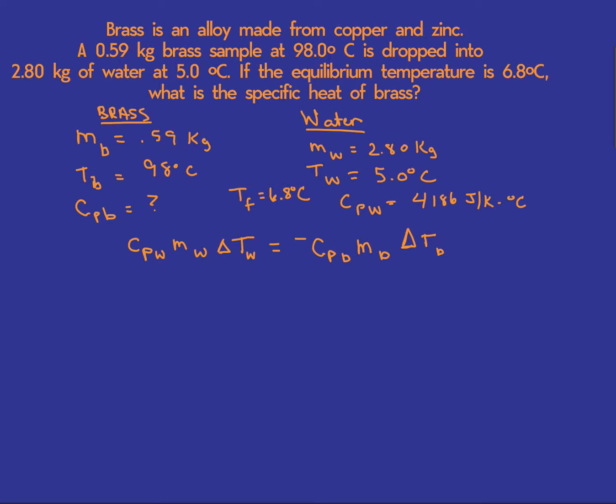All right, so now we've got all of our information, we've got our formula, but you'll notice that we need to do some rearranging of our formula. Let me switch colors here so that we can see it a little bit better. I'm going to divide by the mass of the brass and the change in temperature of the brass, and I'm going to take that negative with me too. If I do that on one side, I have to also do that on the other side.